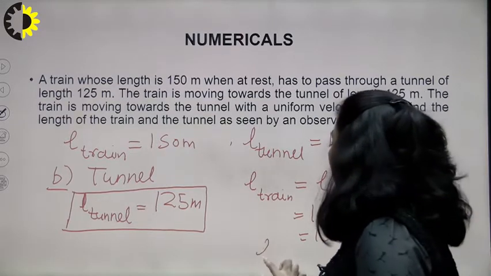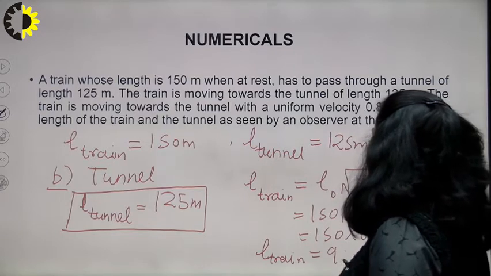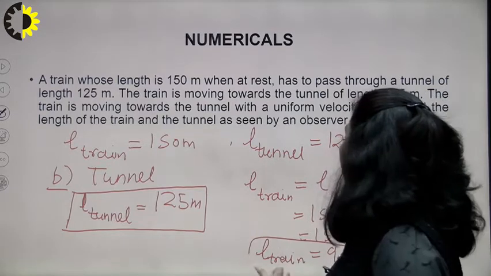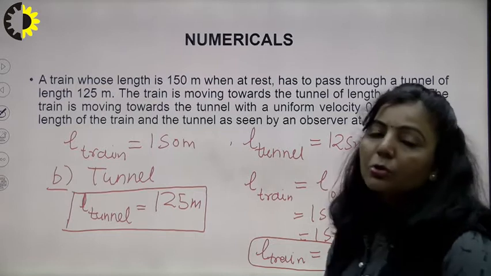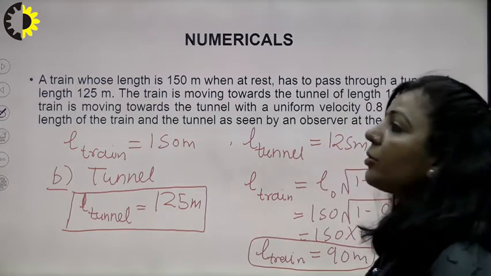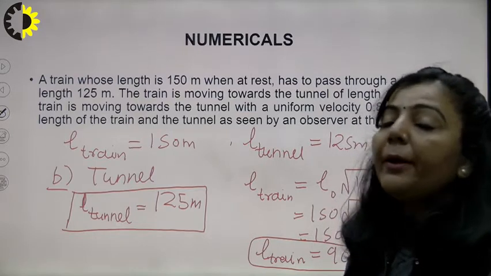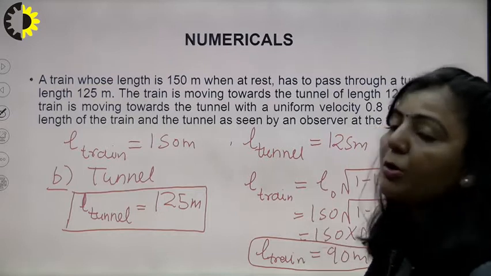It means the length of the train for an observer who is sitting in the tunnel is 90 meter. So I hope this particular point is clear, that the contraction that will take place depends upon the position of the observer.